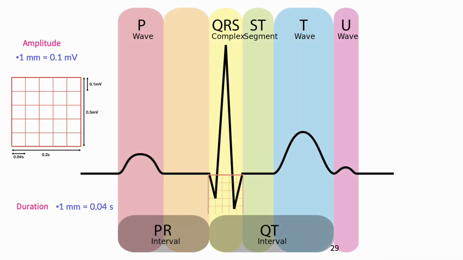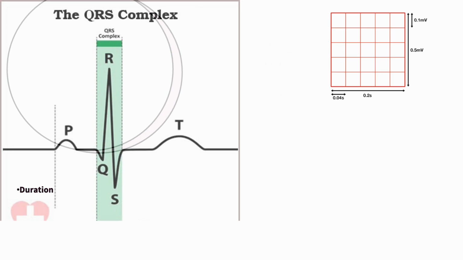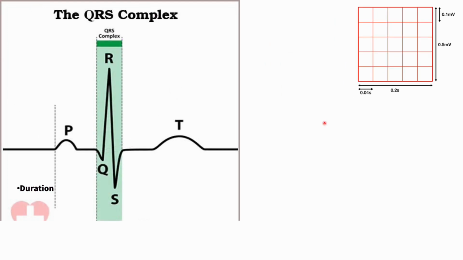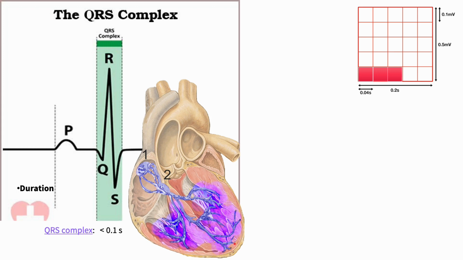Next up, guys, I'm gonna talk about the QRS complex, amplitude and duration. The normal QRS has to be narrow, indicating it's fast, of a small duration, less than 0.1 seconds, because it's flowing through the normal conduction system, meaning that it has to be no more than 3 small squares, because it's going through the fast conduction Purkinje fibers.